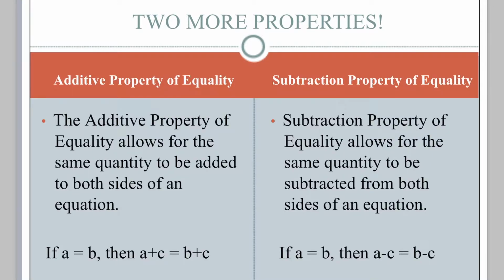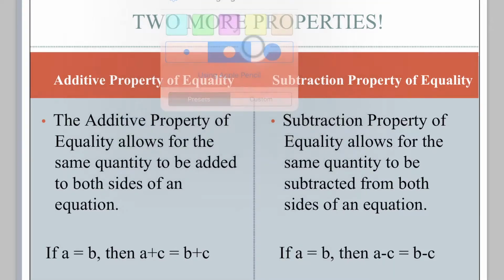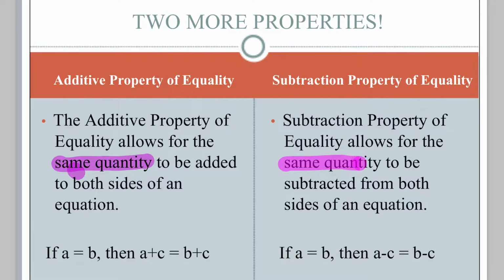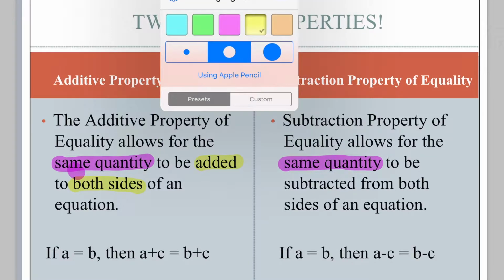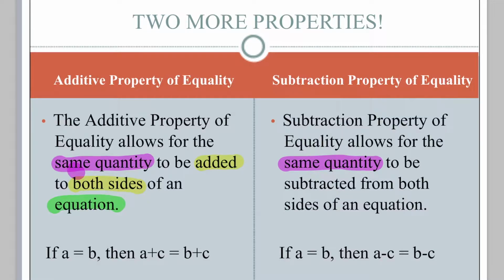What they are saying is that the same quantity can be added to both sides of an equation. Okay, so we have to have an equation to use the additive property of equality. And what it says is that you can add the same quantity to both sides and not change the value.